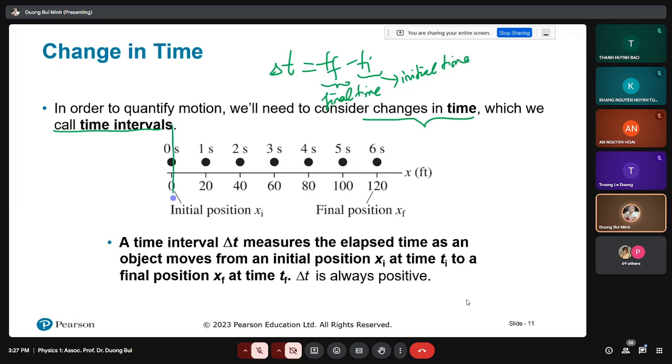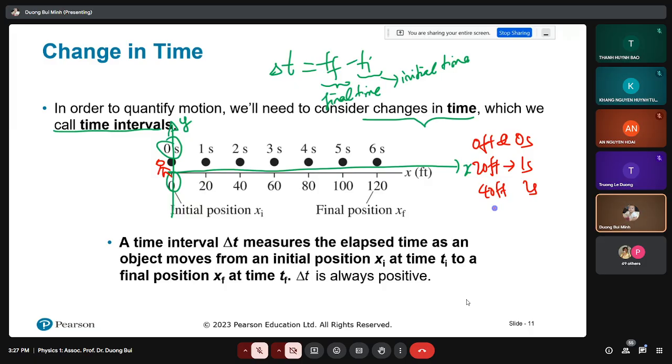At the beginning we are here, because this is 0 seconds or 0 feet. We are at 0 feet and 0 seconds, and you get 20 feet at 1 second, 40 feet at 2 seconds, and so on. At 6 seconds, we have 120 feet.